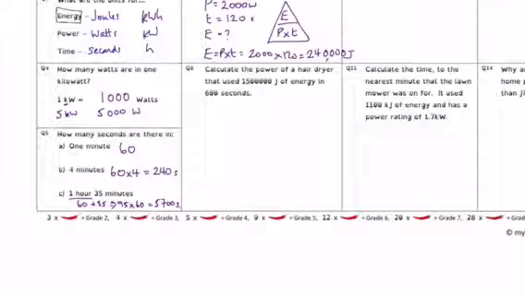So again, we've got energy. Now the trick here, of course, is to make sure that you've got the right number of zeros when you put it into the calculator. We know the time is 600. We want to find the power.